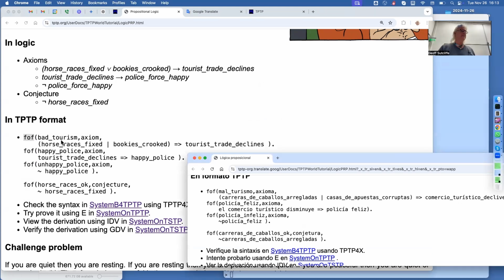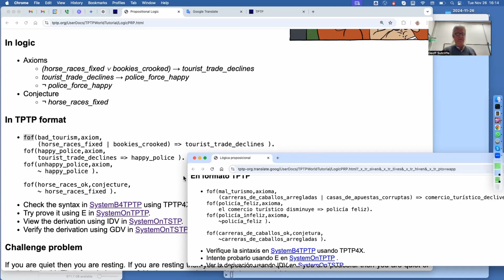We call the first axiom bad tourism. Here's an axiom. And if the horse races are fixed or the bookies are crooked, and you see we put the brackets, so it's that or that implies the tourist trade declines. And that's the same again in Spanish. Notice at the end, close the bracket, dot, is the end of each one.